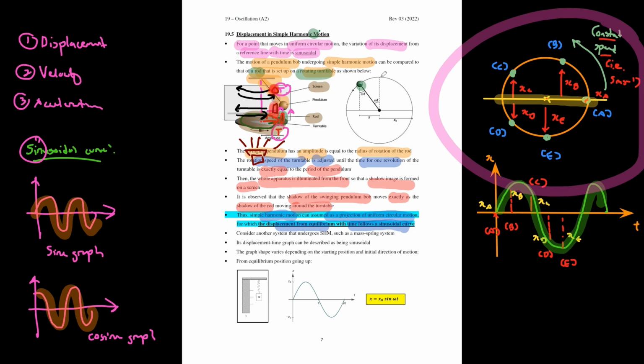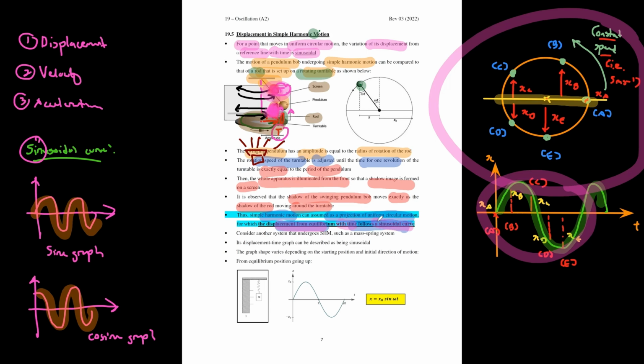Now, when you compare with the motion of a pendulum bob, the motion of the pendulum bob follows exactly the motion of your rod on a turntable. So because the motion in the circle is sinusoidal and the pendulum bob moves exactly like something that moves in a circle, you can therefore say that for something that moves with simple harmonic motion, the displacement with time will also be sinusoidal.